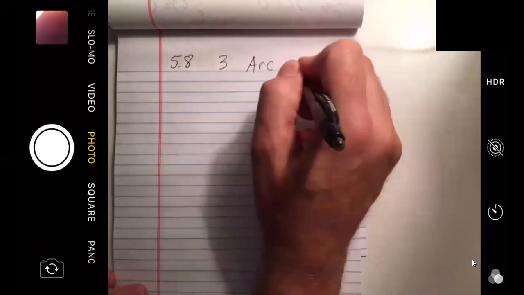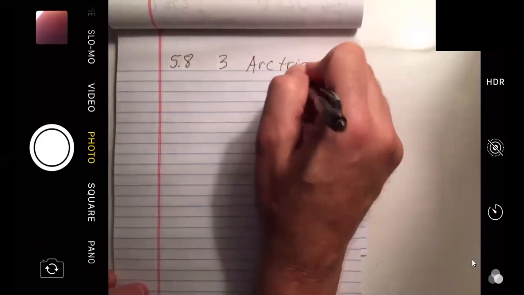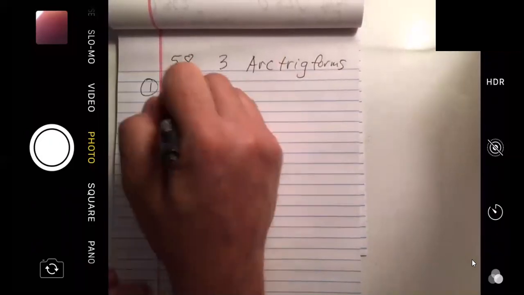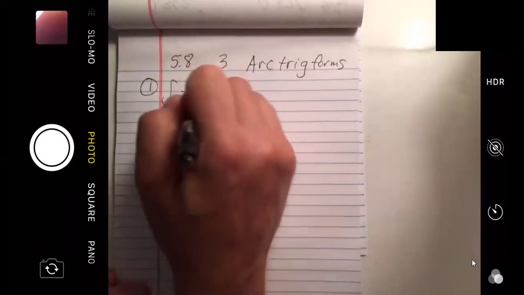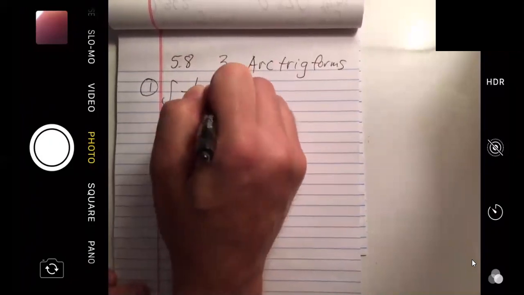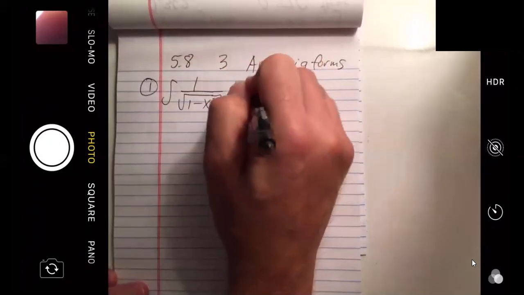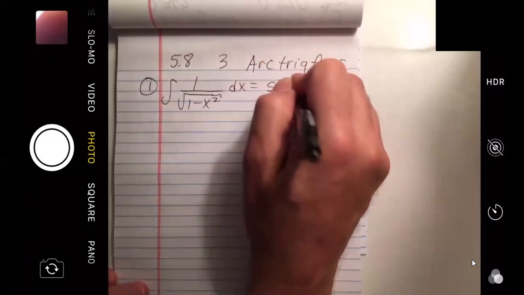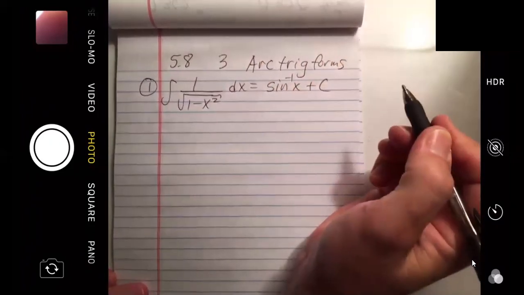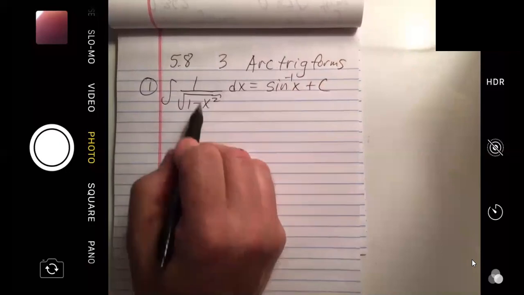See, in 5.8, there are three arc trig forms. Form number one, an integral of 1 over the square root of 1 minus x squared is an arc sine. This is not a linear term on bottom.